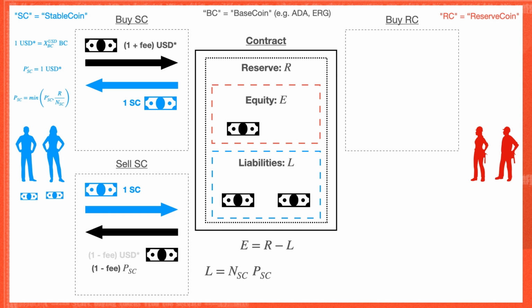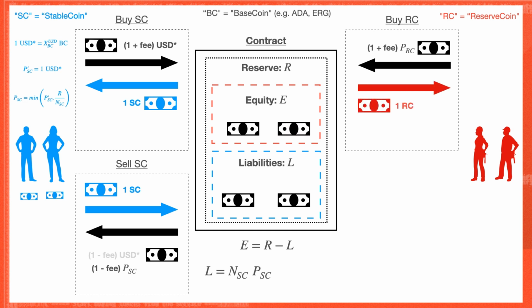So they provide this additional equity by buying what we call reserve coins. And the process is basically the same. They provide some additional base coins to the contract, and they get back some reserve coins. So the contract will mint the reserve coins and send them to the users.